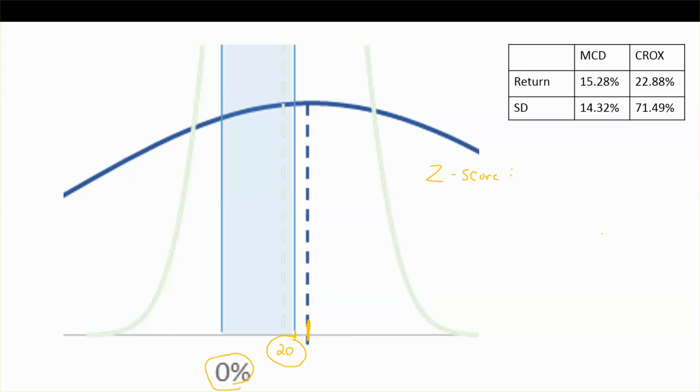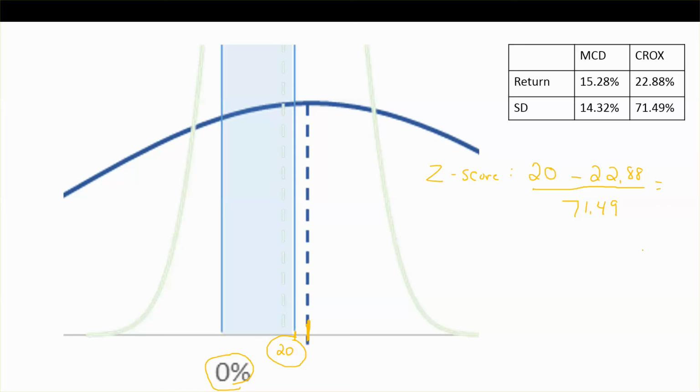So I'm going to have to solve for two z-scores. I'll do the 20 first. So take the desired number, which is 20, subtract the mean, which is 22.88, and divide by the standard deviation, which is 71.49.